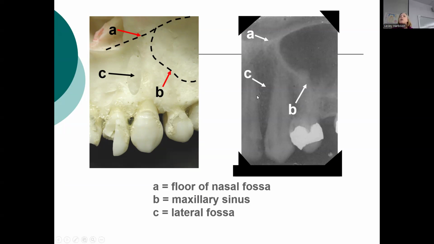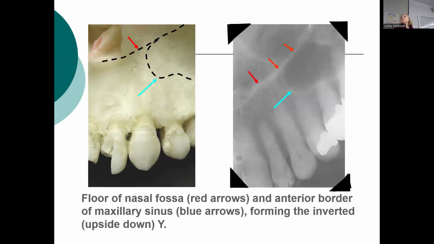And then this radiolucent area between the lateral and the canine is our lateral fossa. So the floor of the nasal fossa and the anterior border of the maxillary sinus form the inverted Y. And this is a really funky canine. There's some crazy foreshortening in this picture.